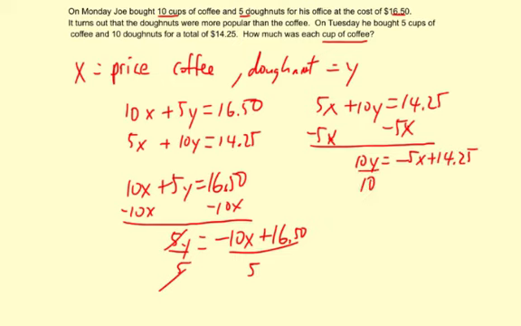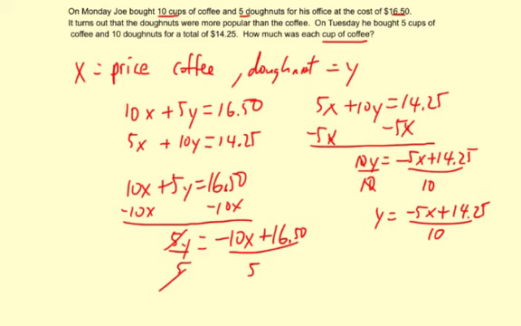Divide both sides by 10. So y equals negative 5x plus 1425 all divided by 10. Now I could simplify this out, but I'm just going to leave it as is.